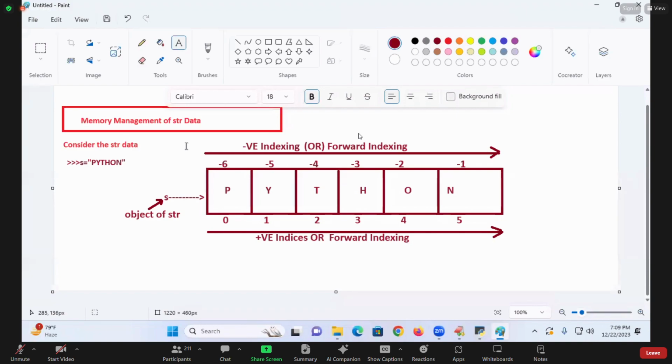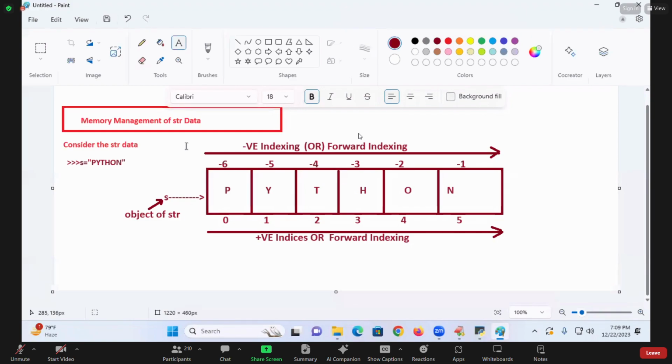Negative marks will also be there in my class. Next: in forward indexing, in general, what is the last letter index? Len of strobj minus 1. And 6 minus 1 is 5. Okay, good. 2 marks you got.